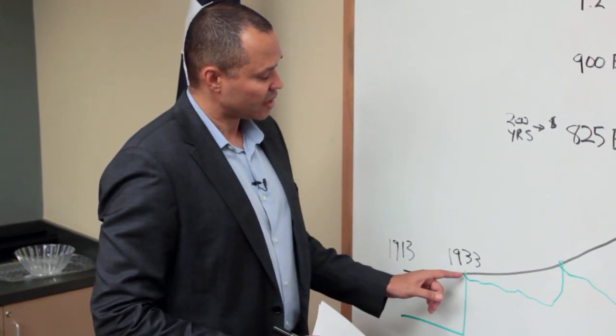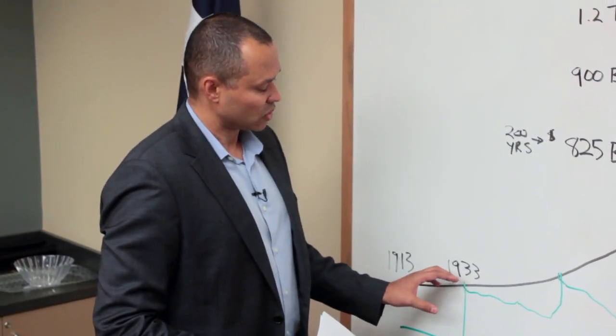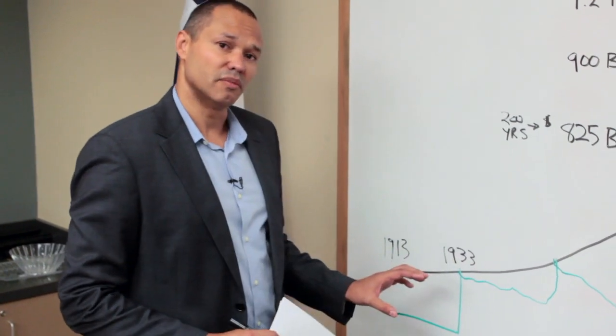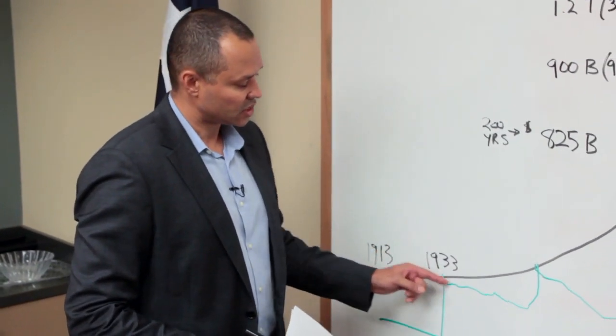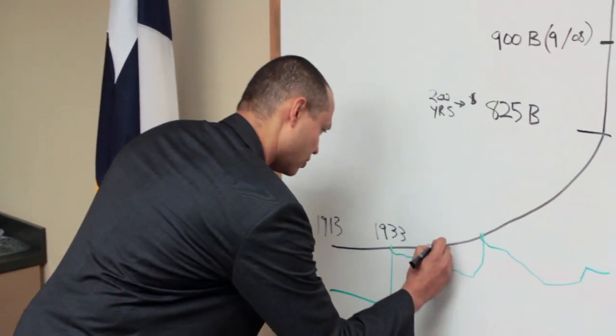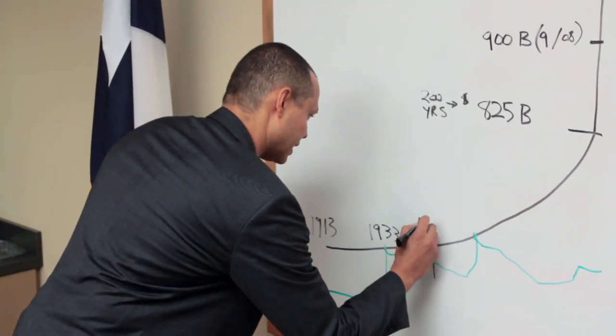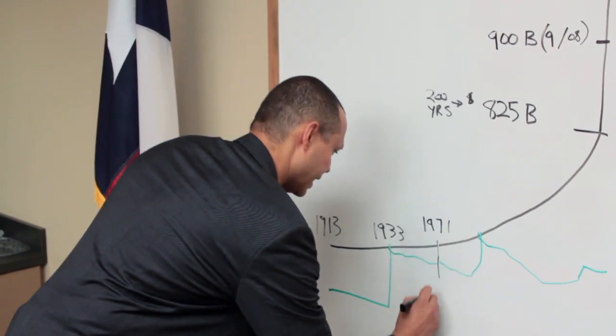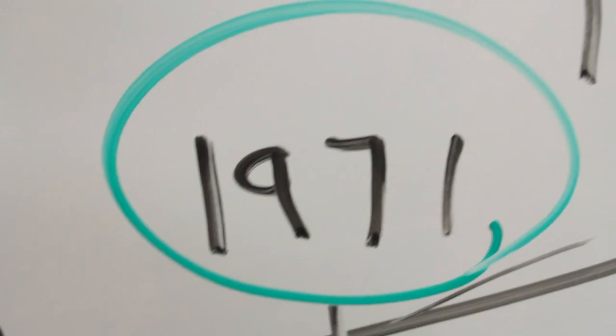Now, after that point in time, after the dollar was unpegged from gold, you can see gold kind of drifts down a little bit. Then we have a crucial date right here. This date is 1971. And in 1971, Richard Nixon was our president.